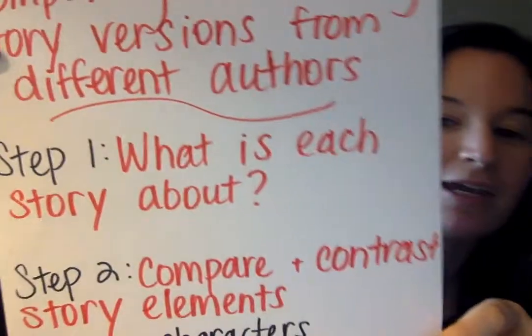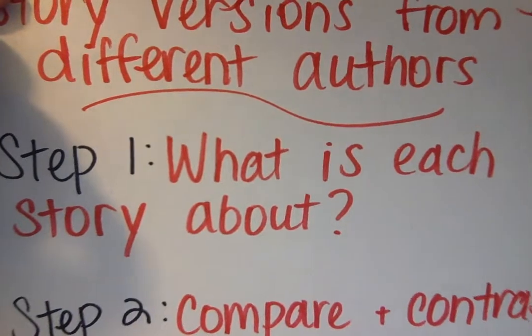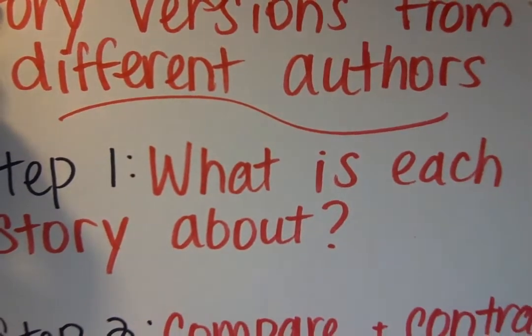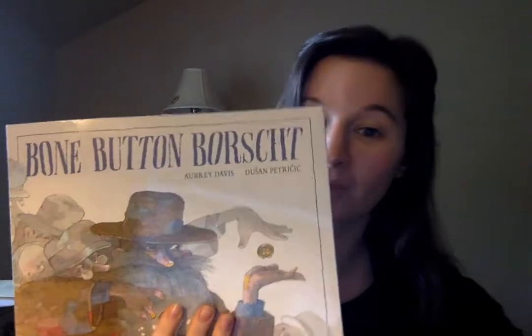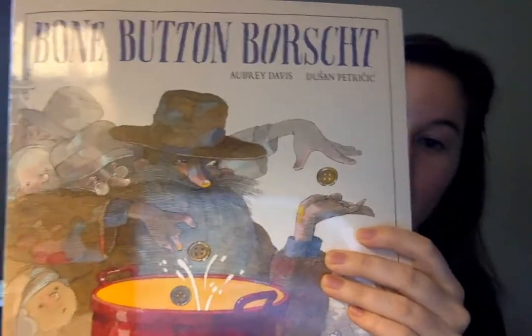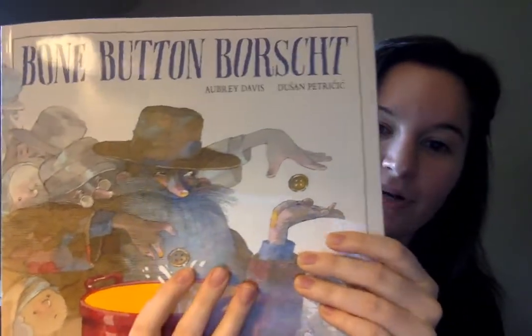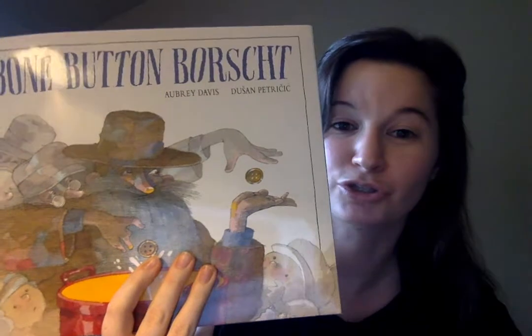So jumping right into our steps, looking at these two texts, what is each story about? Step one, what is each story about? Of course we have Bone Button Borscht. We read this many weeks ago. This story is all about a beggar who comes into a small town hoping to find somewhere to sleep and some food to eat, but everyone has their doors closed to him.